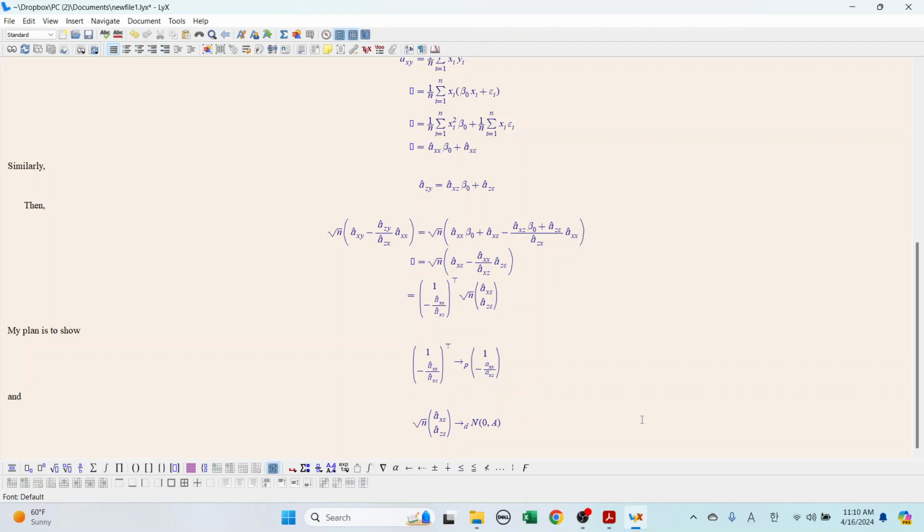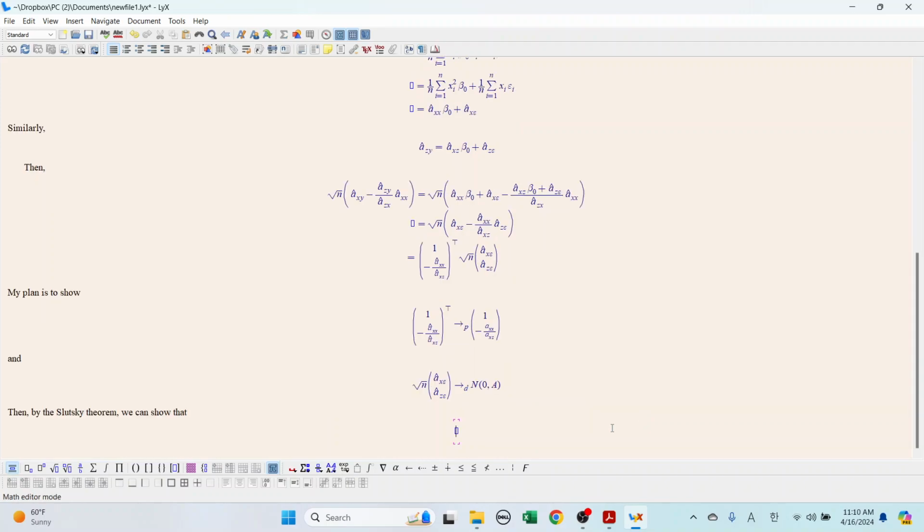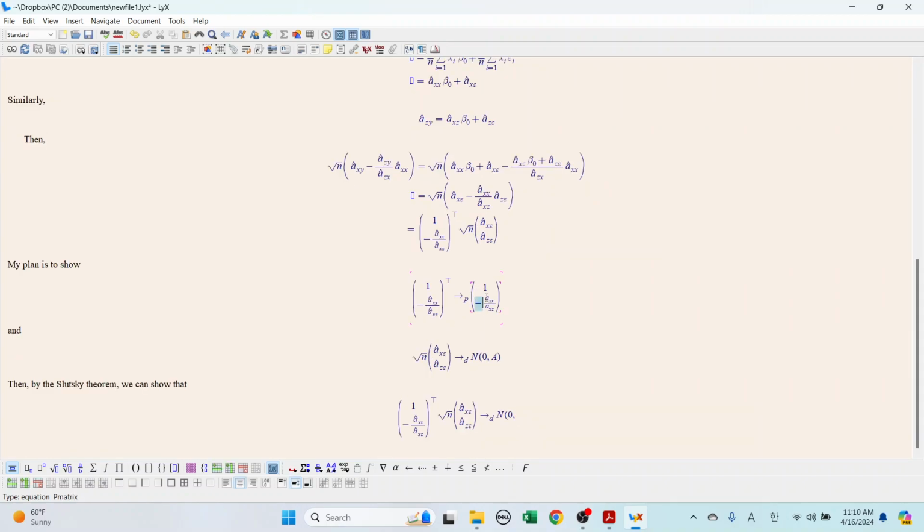And then by the Slutsky theorem, we can show that the total thing will converge in distribution to a normal distribution with that times A times the same thing, like this.